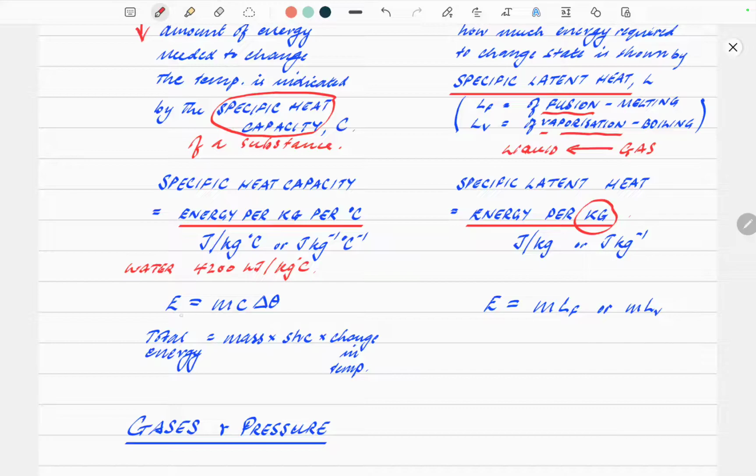Right, so here the total energy for the specific heat capacity is that the total energy input is the mass times the specific heat capacity, times the change in the temperature.